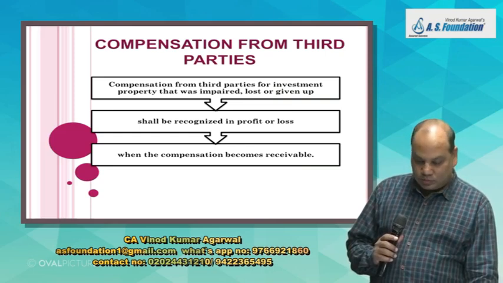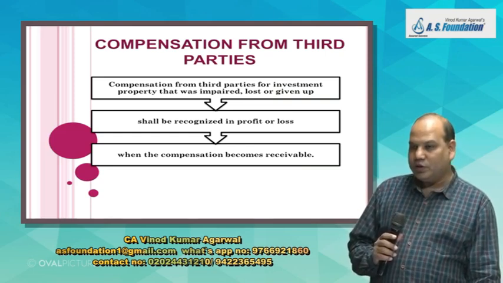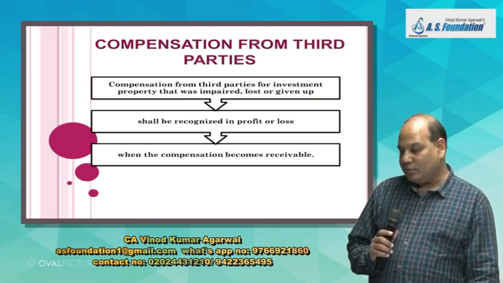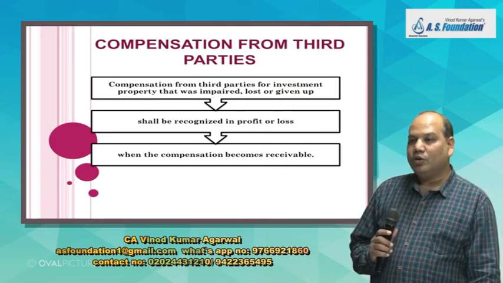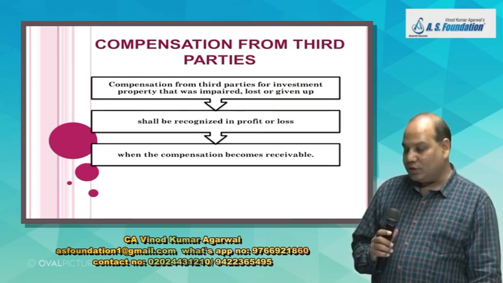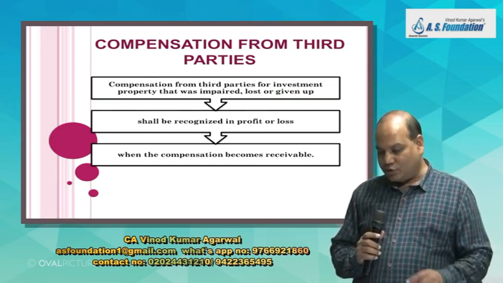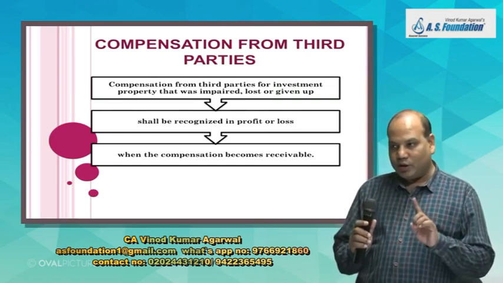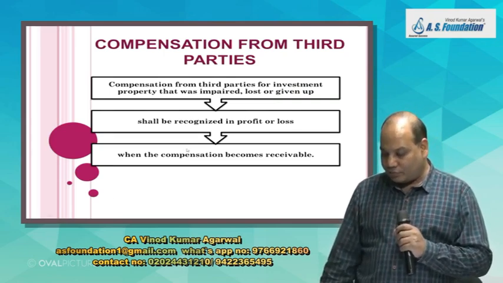Okay, now come to one more paragraph, 22, compensation from third parties. You may have taken an insurance cover to protect your building. There is a loss due to fire or earthquake, which was covered by insurance. First, you will recognize the impairment loss.